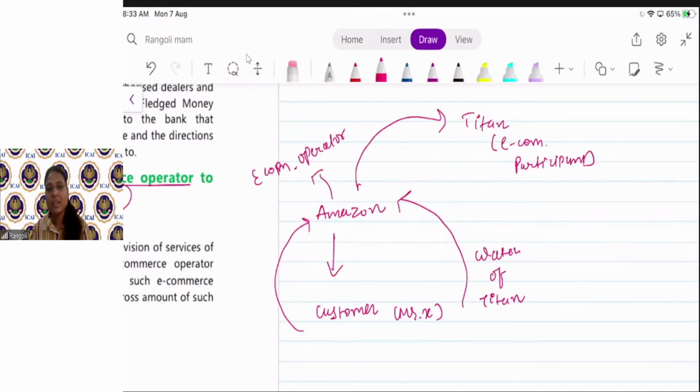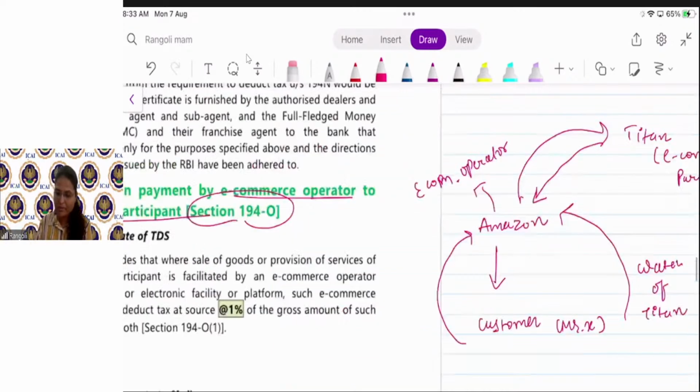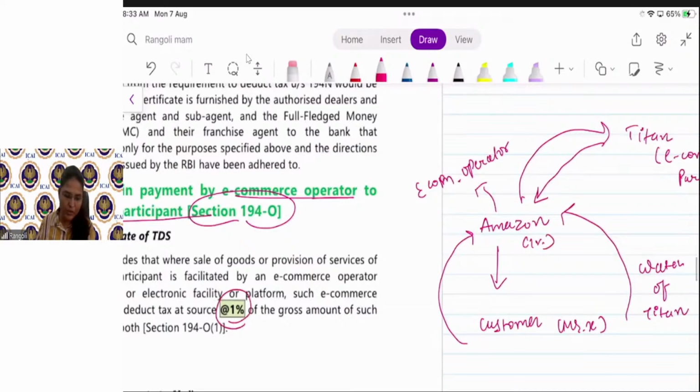So whatever amount is paid by the customer to Amazon, Amazon needs to reimburse the same to Titan because the product is of Titan, right? So here, whatever product is sold by Titan through Amazon, while making the payment or credit, whichever is earlier, Amazon will deduct TDS at the rate of 1% on any amount due to Titan, because Amazon is providing the platform.